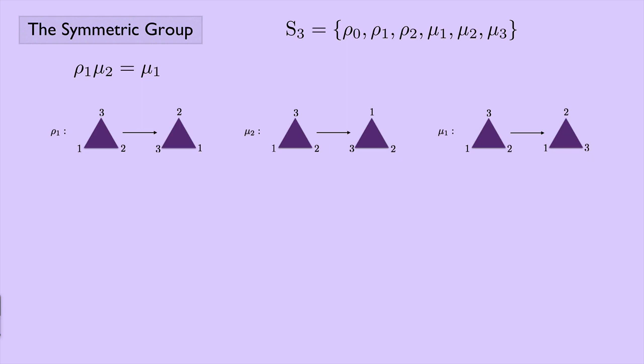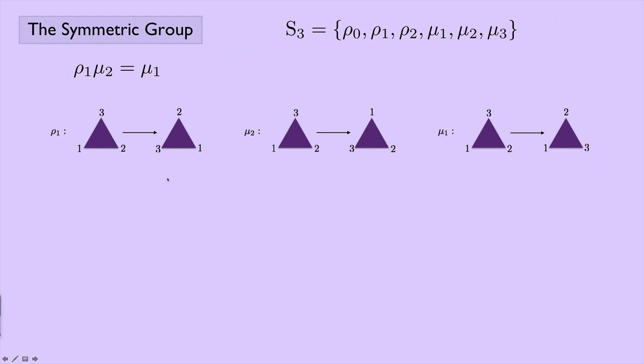We actually go in reverse order. So when I have row 1 mu2, you actually apply mu2 first. So mu2 says take 1 and move it up here, take 3, move it down here, and take 2 and leave it exactly where it is, and then apply row 1 to that.